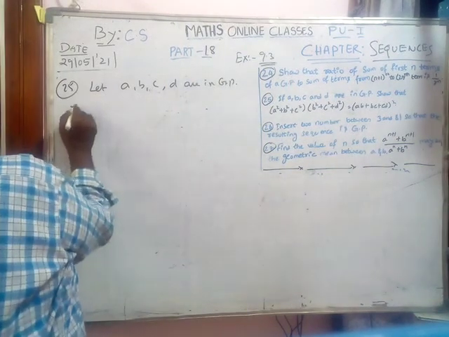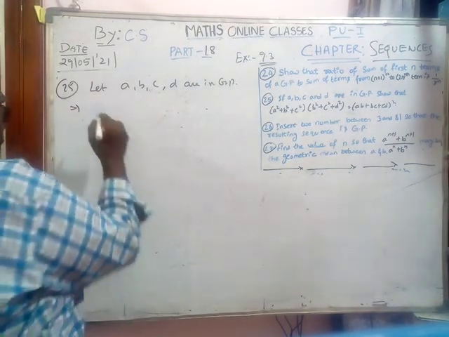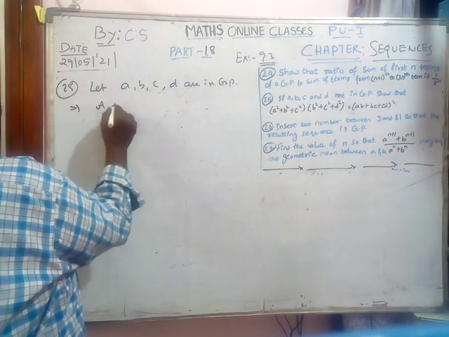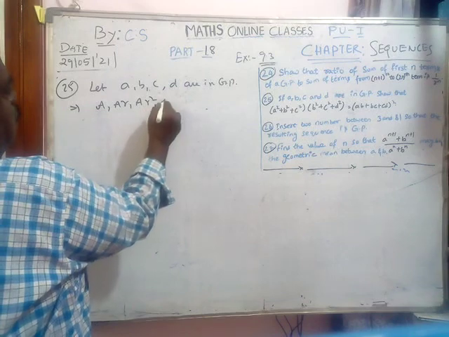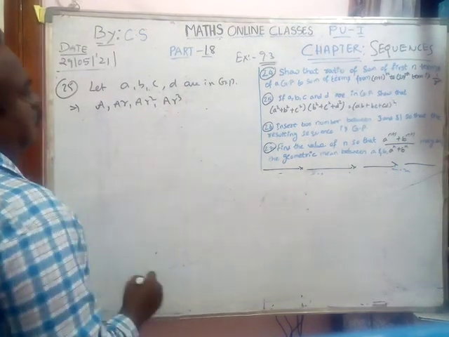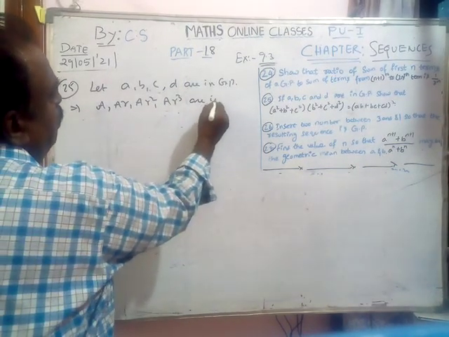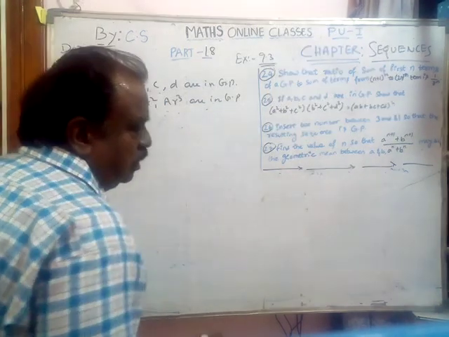That implies, I am writing in a different way: A, AR, AR square, AR cube are in the GP. Like that we will take.